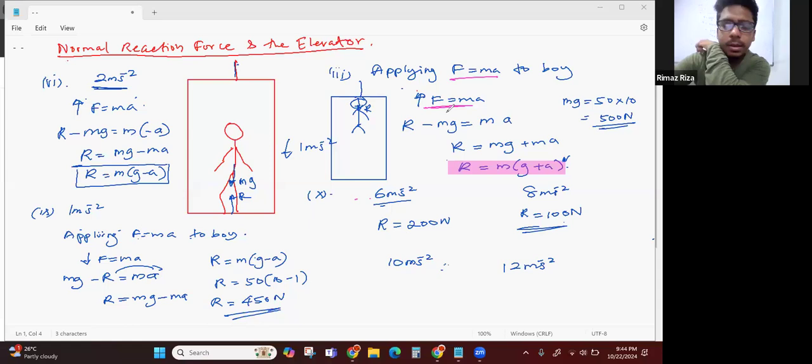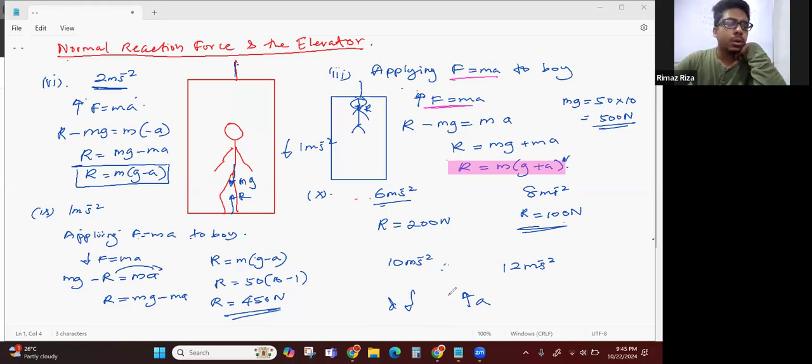Moving downward with constant deceleration, yes. So you're asking whether downward with deceleration is similar to upward with acceleration. Is that the question? Yes, sir.